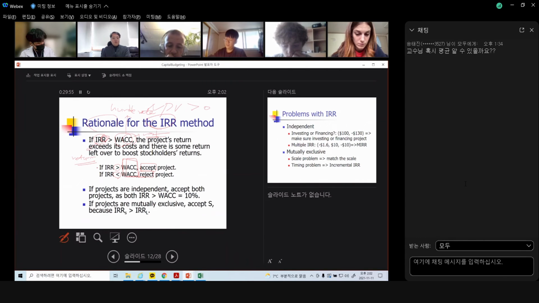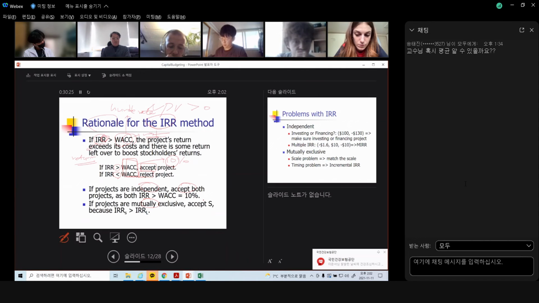Okay. So in this example, we assume the WACC is 10%. Both projects' IRRs are higher than the 10% WACC. So if the two projects are independent, then we can accept both of them. Whereas if projects are mutually exclusive, then we can accept the project with the highest IRR. The IRR for project S is 14.49%.